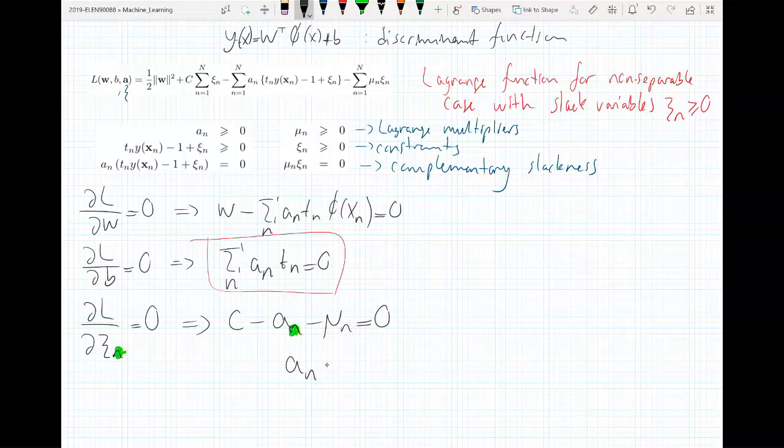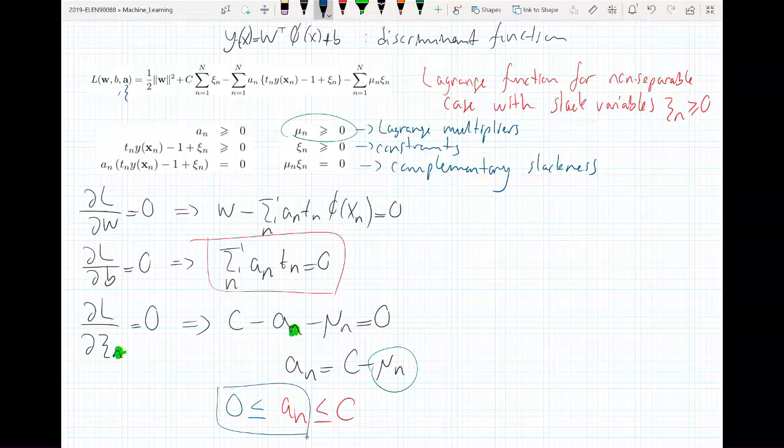What that means is a n equals C minus mu n. But I also know that mu n is non-negative and C is positive. So we end up with a n less than or equal to C. But a n was also greater than or equal to 0.